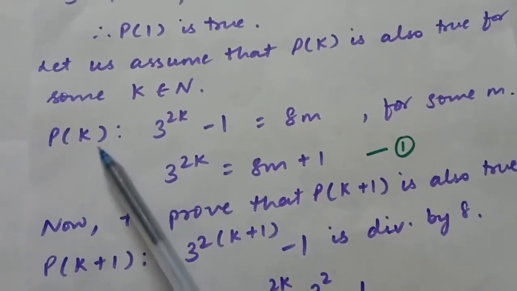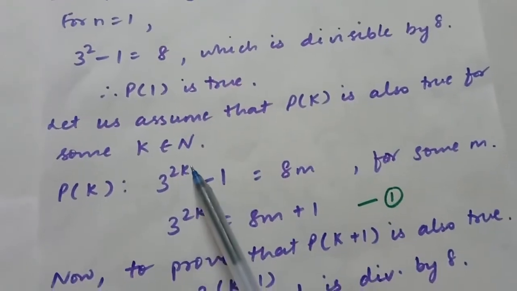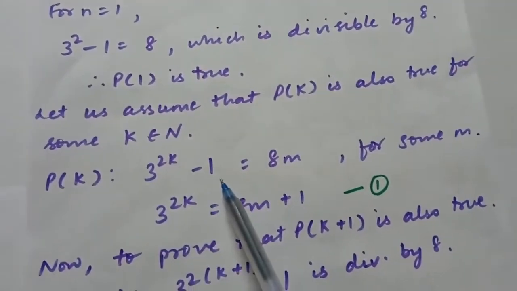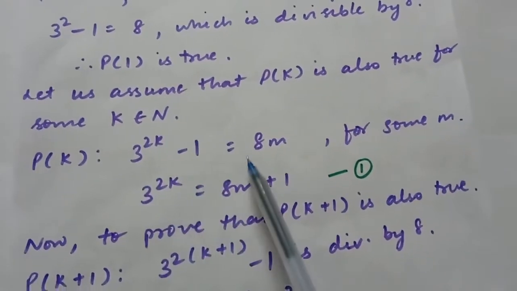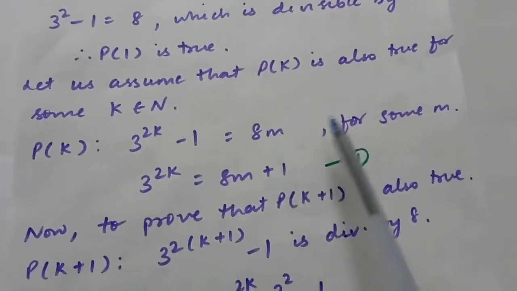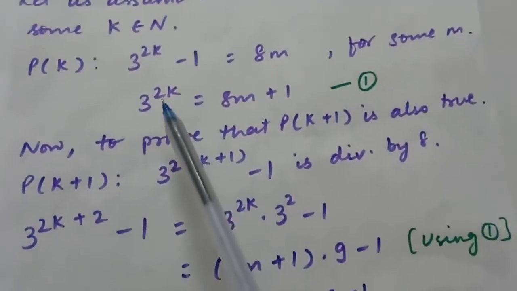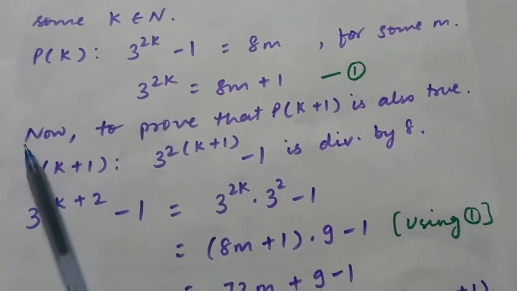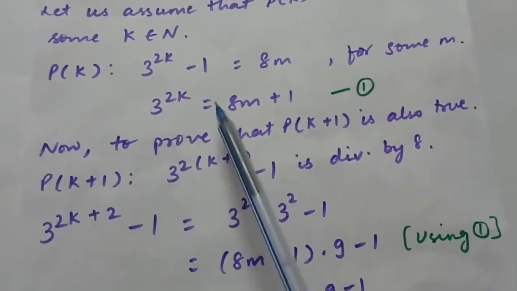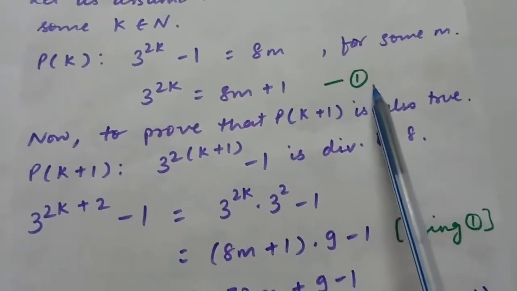Now let us assume that Pk is also true for some k belongs to natural number. So Pk will be, in place of n put k, that 3 raised to the power 2k minus 1 is divisible by 8. If it is divisible by 8, then it is equal to 8m for some m belongs to natural number. From here, find out the value of 3 raised to the power 2k, which is 8m plus 1, and let this be 1.